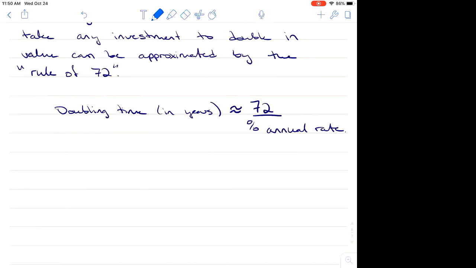This is one of those rare times where we don't convert r to a decimal. We leave it as the 8% in the previous question, for example. All right, so it'd be 72 divided by 8.